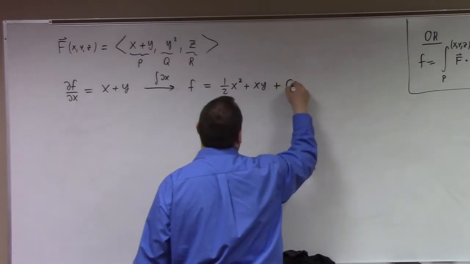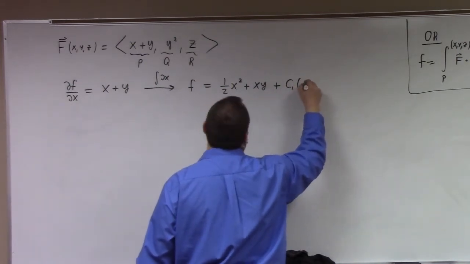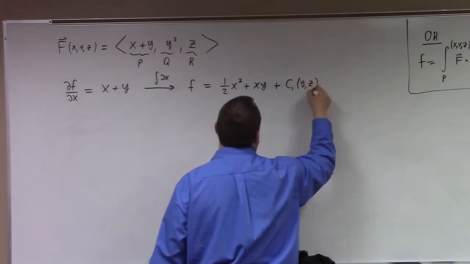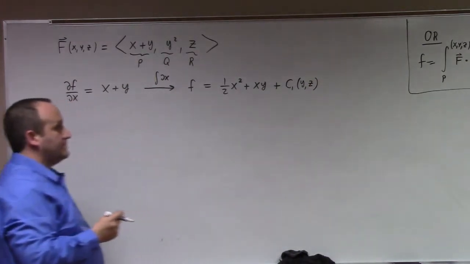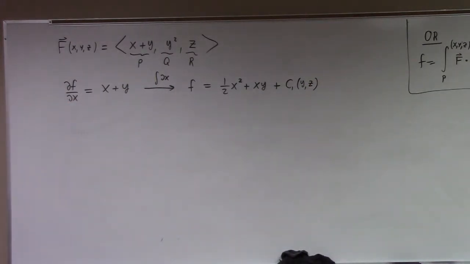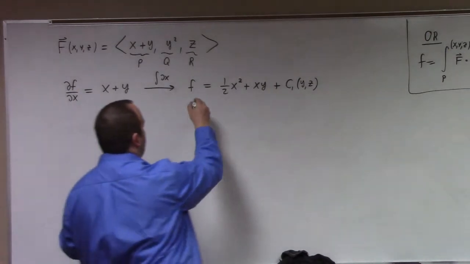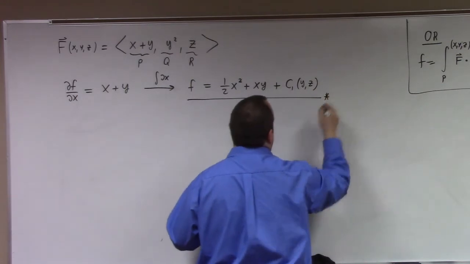Plus c1, which is possibly a function of y and z. So an expression like I just wrote down will solve that partial f partial x is equal to my p. But we don't just have that. We have the other two things to satisfy as well, right? So that's star. This is the star I was talking about.